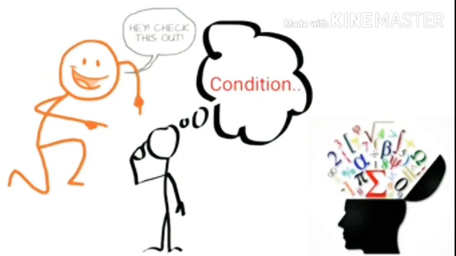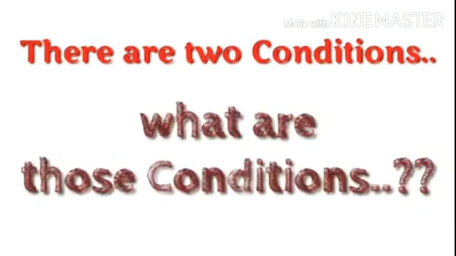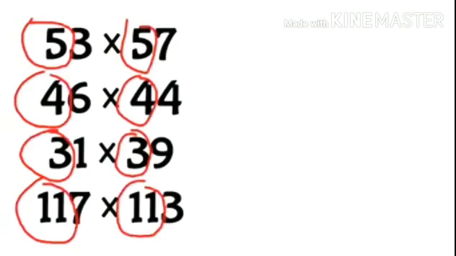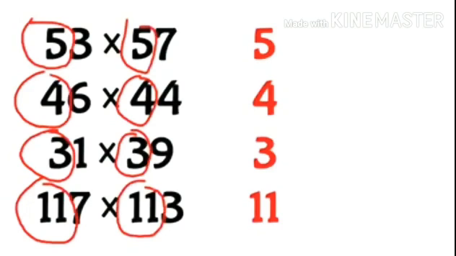But my friends, there is a condition in applying this method. This trick can only be applied when 2 conditions are satisfied. What are those conditions? First condition is that the numbers in the tens place have to be the same, just like 12 and 18, 23 and 27, 48 and 42, 54 and 56, and so on.